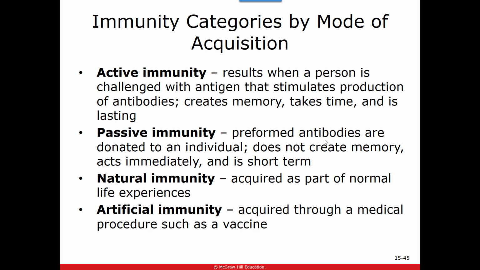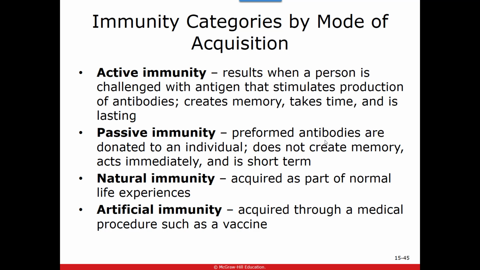Now, natural immunity means you acquired this antigen as part of normal everyday life. Artificial immunity is when you were exposed to a particular antigen via a vaccine. Now, this is when I would normally poll the class. So, imagine if you were going to raise your hand, some of you listening to this right now have a natural immunity to something, and some of you have an artificial immunity to something.